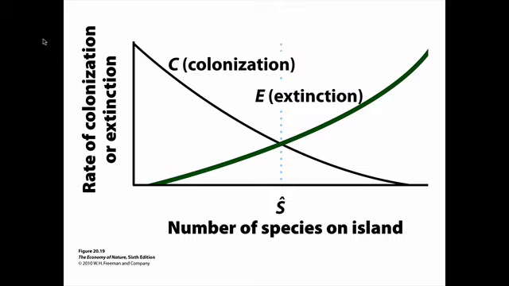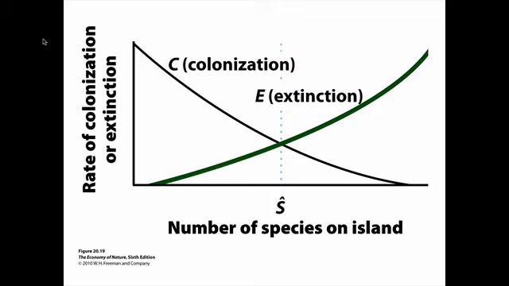So let's imagine that we have a mainland here, and it has 50 bird species. And here's a little island that's empty. All right, so we have some birds that arrive, okay? Since the island is empty, what's the frequency of arrival of new species? The rate at which new species arrive on this empty island.